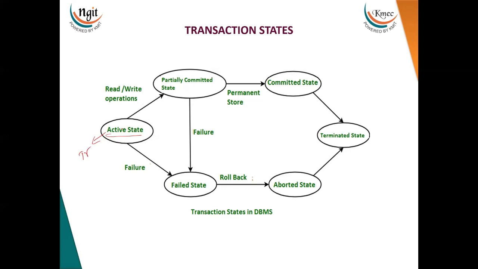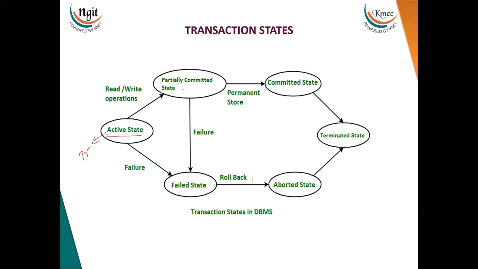Now, once the read or write operations are made by the user, that means to perform a withdrawal transaction, the user has to perform several operations like choosing the language from the interface. He has to also select the account, that is either the savings or the current account. Then he has to enter the PIN number.